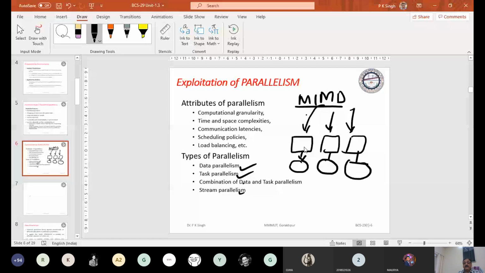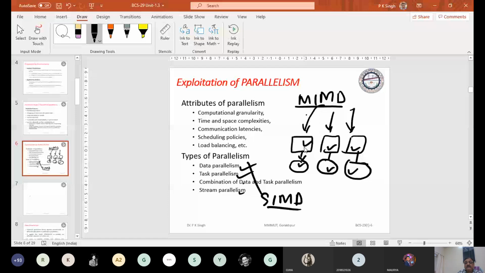Just see how this differs from data parallelism. In data parallelism, all the processing elements do the same operation on different sets of data. That is called data parallelism, and it may be achieved using the SIMD architecture of Flynn's classification.